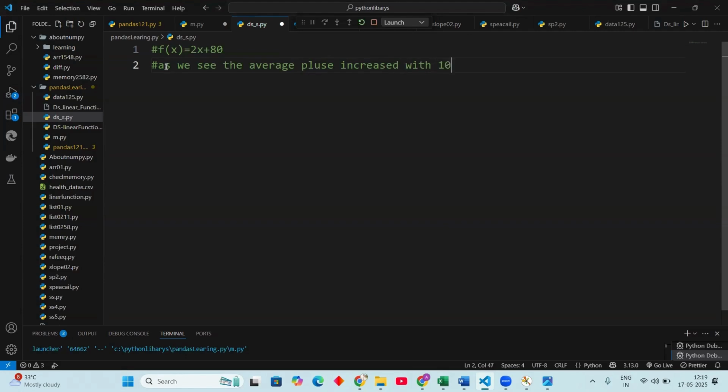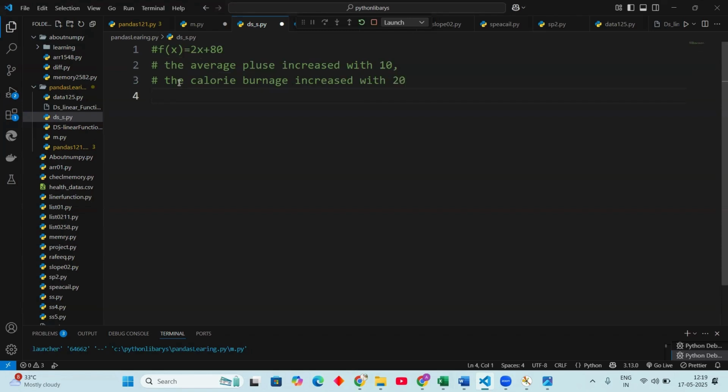It is the first iteration. Now the calories burned increased by 20, right? This is the equation, 20.